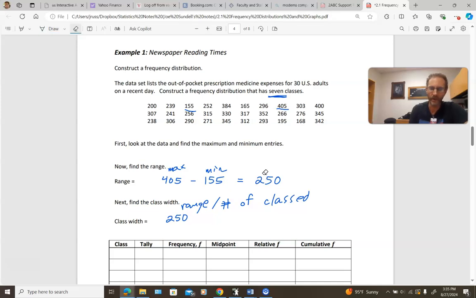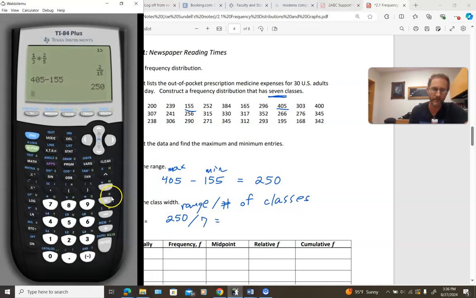And remember, we always round up. You round up, guys, to make sure that your classes are wide enough and they extend an interval long enough to encapsulate all the data. So 250 divided by 7. Let me use the calculator again.